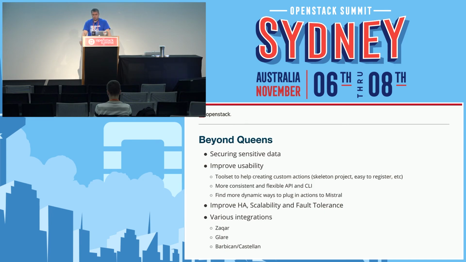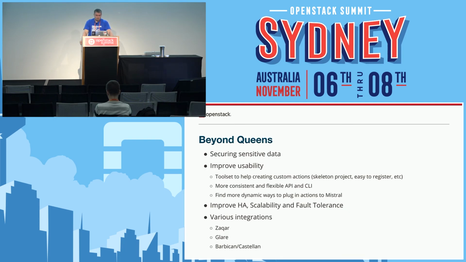One of the long-term goals is also to come up with a number of integrations with other projects, like Zaqar. We already have some minor integration with Zaqar. For example, we support Zaqar actions within Mistral workflows, but I believe there should be much more than that.